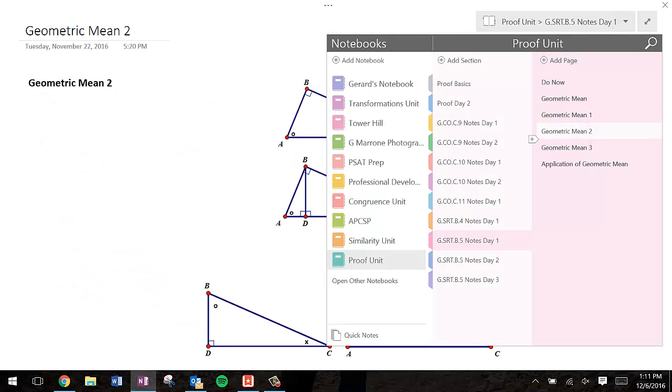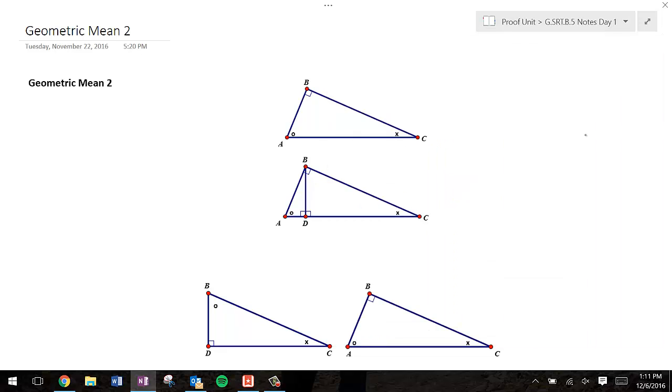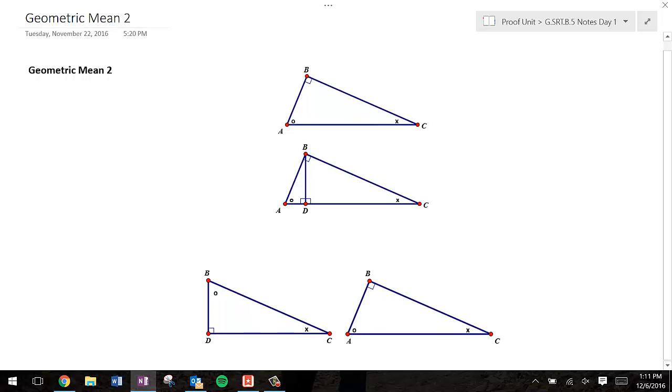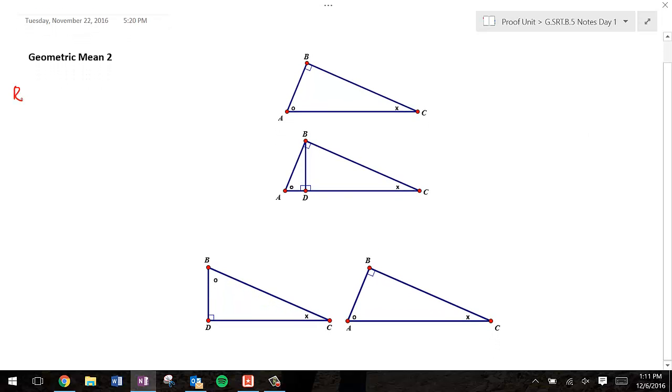Let's take a look at the second one. Our second one involves our right triangle, the right-hand side triangle, as well as our whole triangle. In this case, our right triangle is similar to our whole triangle by angle-angle similarity, just like we saw with our proof before.